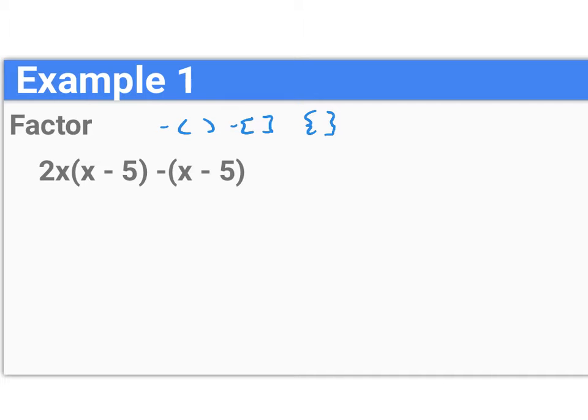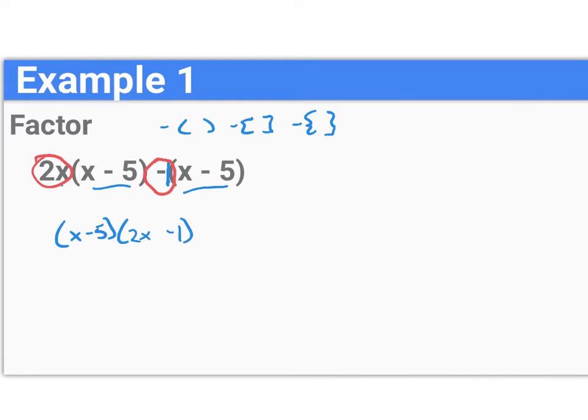Whenever we see a negative sign outside of these groups, the first thing I want you to do is put a 1 here. And if we factor out what's common, the binomial x minus 5, we will see that 2x minus 1 is left, because 2x is outside of this x minus 5 and negative 1 is outside of that.